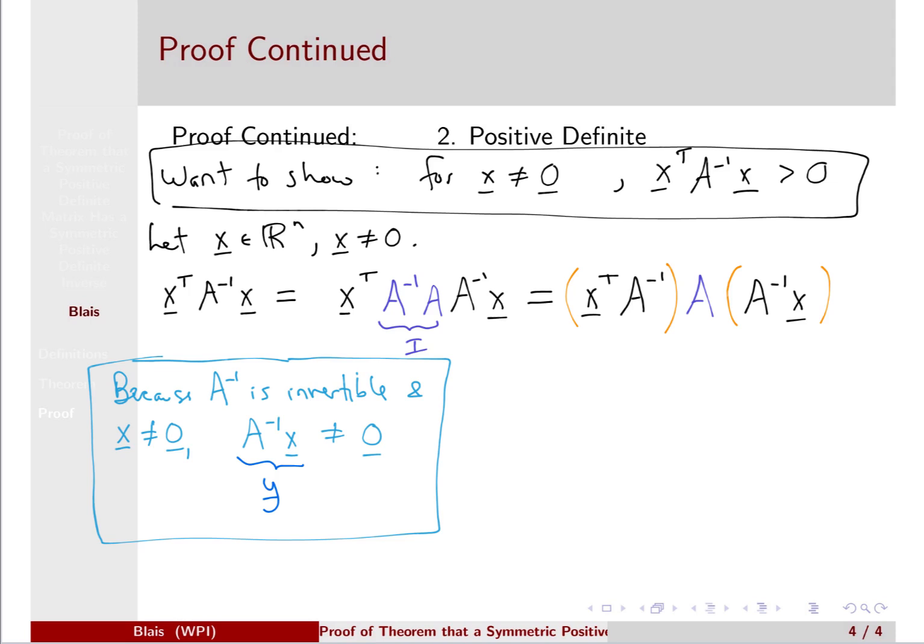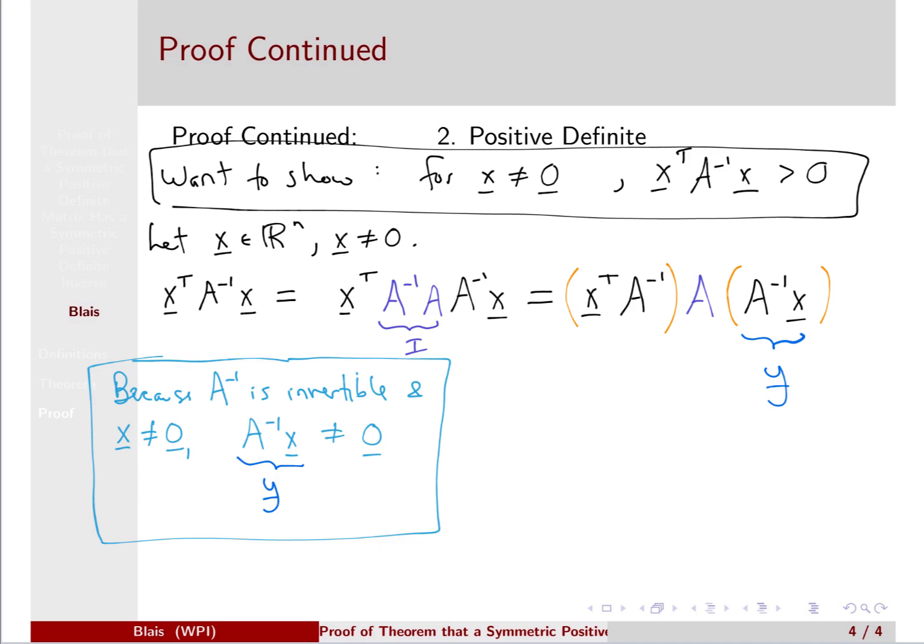One of those conditions is that its null space consists of only the zero vector. So if you multiply a non-zero vector on the left by an invertible matrix, you get a non-zero vector. So along these lines, we have renamed this A inverse x vector to be y, which we also know is non-zero.